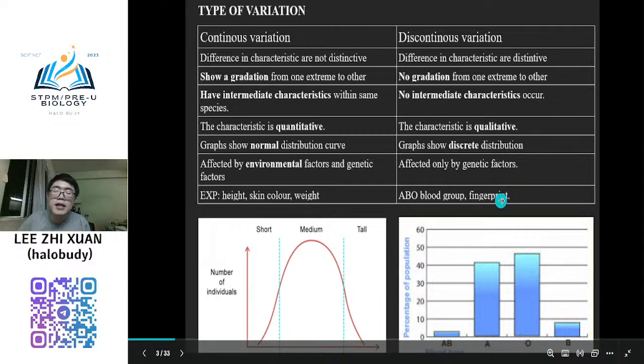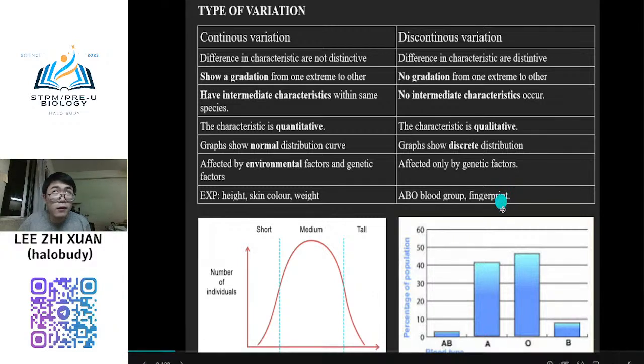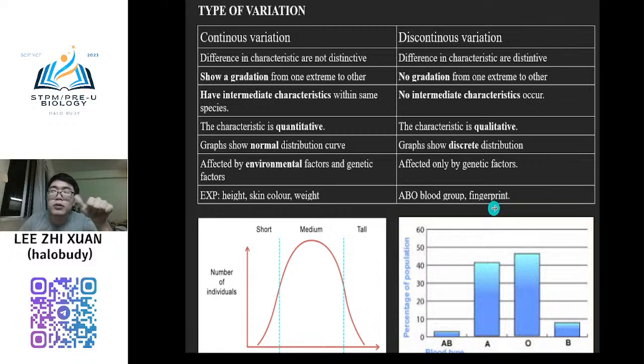And also fingerprinting. Every human, every organism has different fingerprints. Your fingerprint, your thumb fingerprint. Even if you are twins, the thumb fingerprint is totally different. Totally new, unique characteristic.